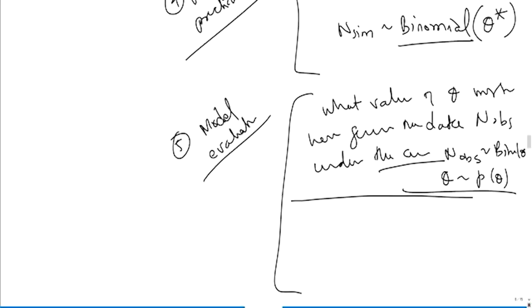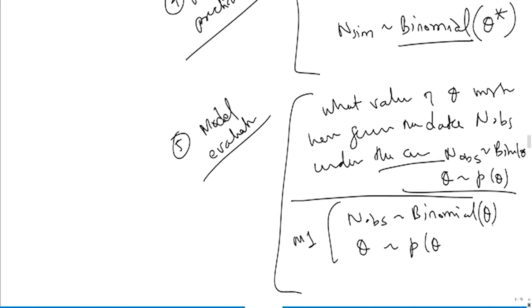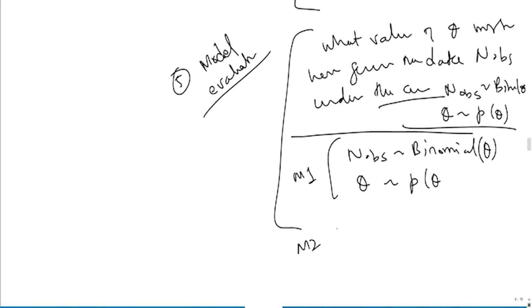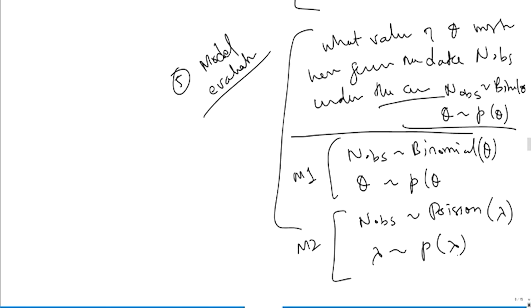So in this step, you compare your model. What was your original model? M1: n obs comes from binomial theta, where theta comes from p of theta, against some competing model. This competing model can differ in terms of either the likelihood assumption or the prior assumption, or both. So let's say you assume the number of correct responses comes from a Poisson distribution, where lambda comes from p of lambda or something.